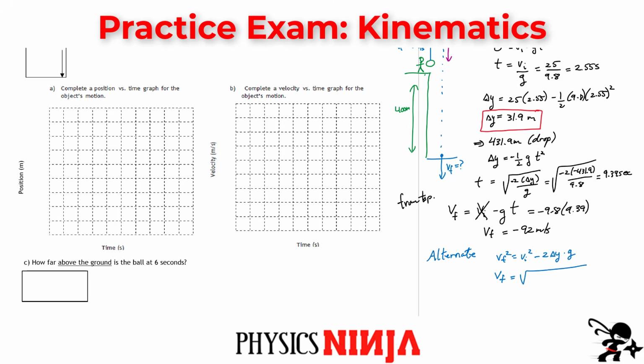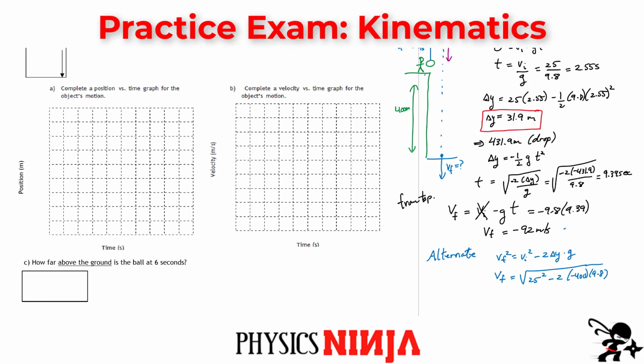All right, so what would I choose? I could choose the initial point now. The initial point here was a 25 meters per second velocity going up. Minus 2 times, and the displacement here, if I'm just starting from this initial point over here, would be minus 400 and multiplied by 9.8. All right, you put that in the calculator and you're going to get the exact same number.